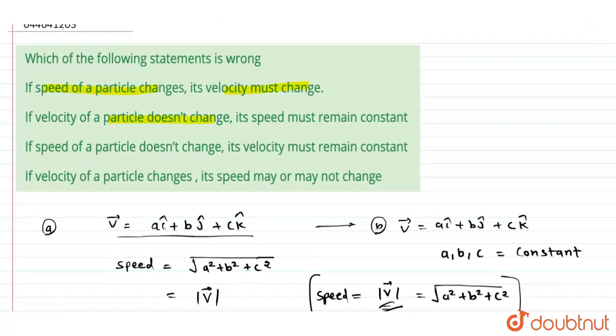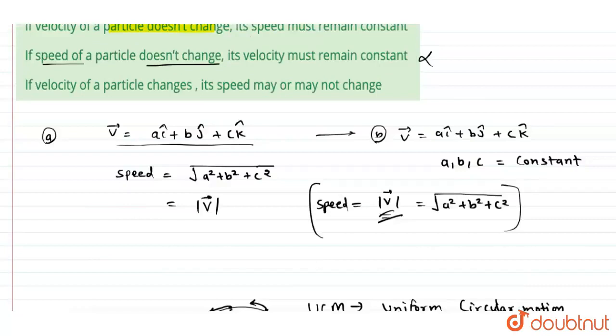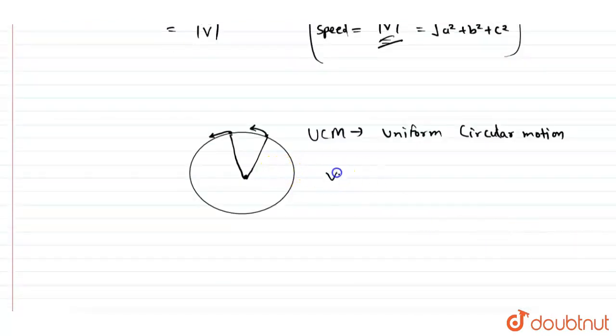So now let us move on. In this question it is given that the speed of the particle doesn't change, its velocity must remain constant. But in uniform circular motion, the speed remains constant and the velocity is changing, so this option is incorrect. Here the speed of the particle doesn't change, and it says its velocity must remain constant, but we find that the velocity changes.